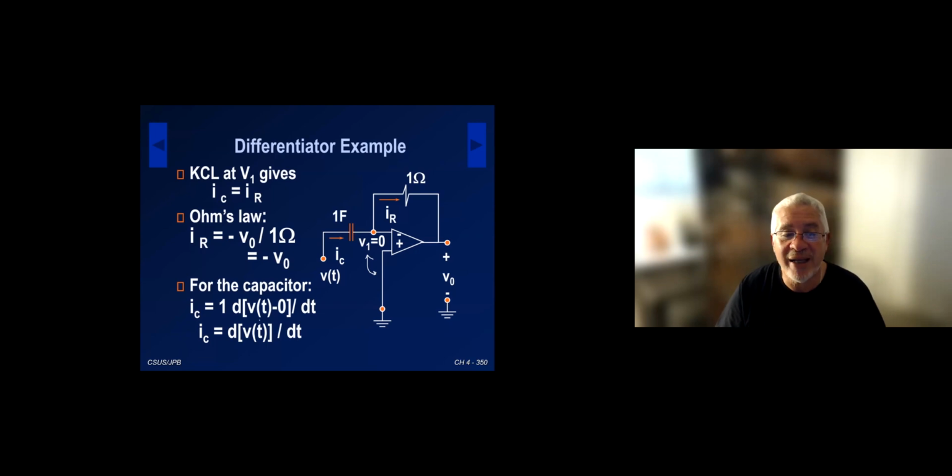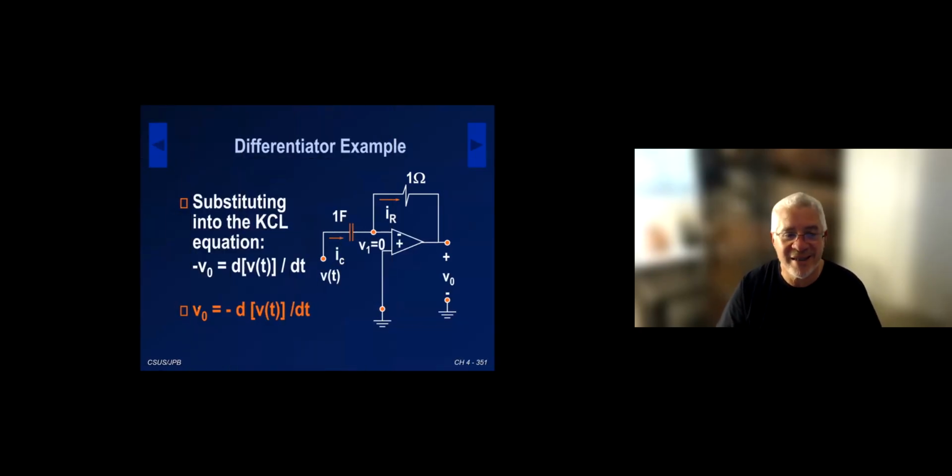And then I can write IC using the capacitor relationship. It's the derivative of the voltage across the capacitor, which is V minus 0 because V1 is 0. And of course, the resistor current IR is (V1 minus V0) divided by 1, which is minus V0. So I put these two things in the KCL and we get this.